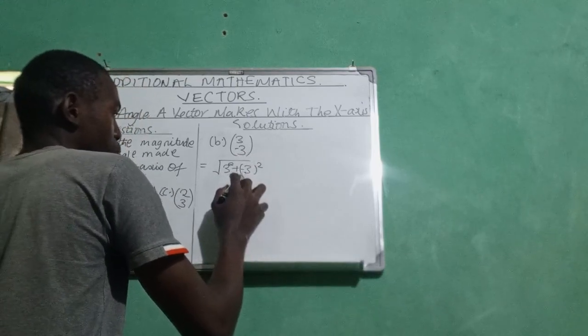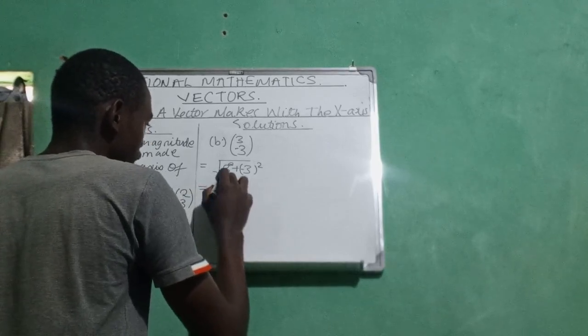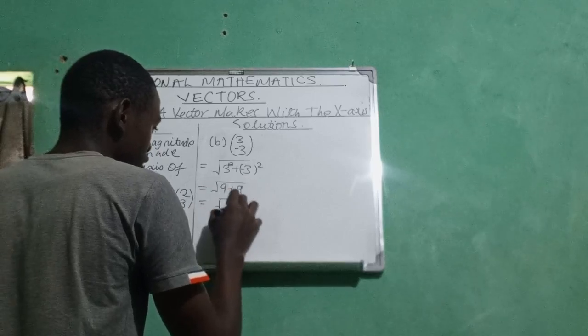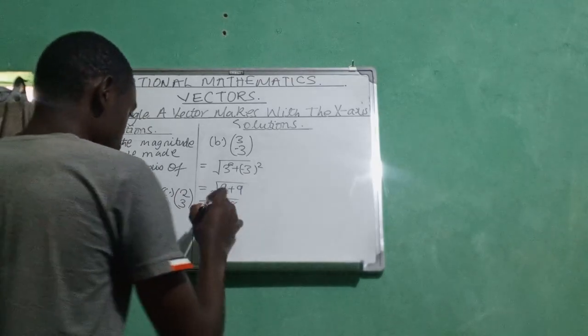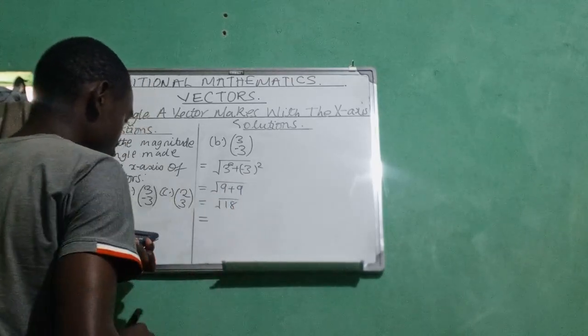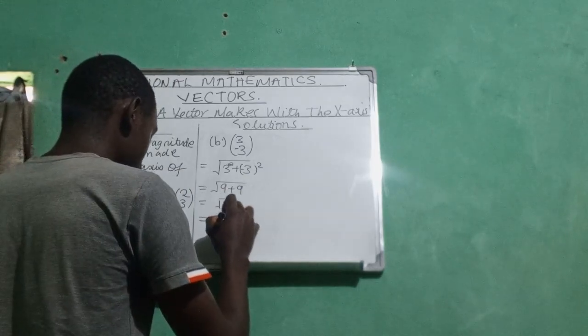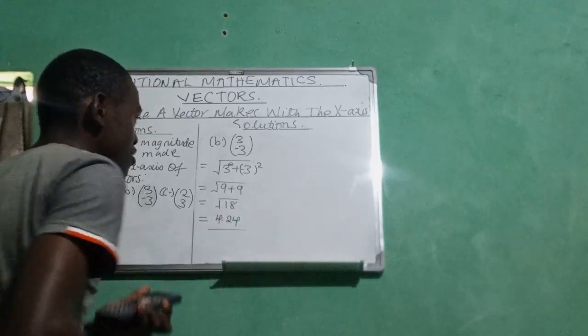Negative always has to be put in brackets, otherwise you're going to find a different answer. So 9 plus 9, which is equal to the square root of 18. The square root of 18 corrected to 3 significant figures is 4.24. This is your final answer.